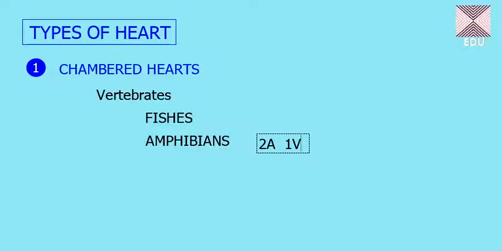The dorsal atrium shifts anterior to the ventricle. And the sinus venosus here opens into the right atrium dorsally and not posteriorly. So that means we have got the sinus venosus in connection with the right atrium only. There is no connection of the sinus venosus with the left atrium.